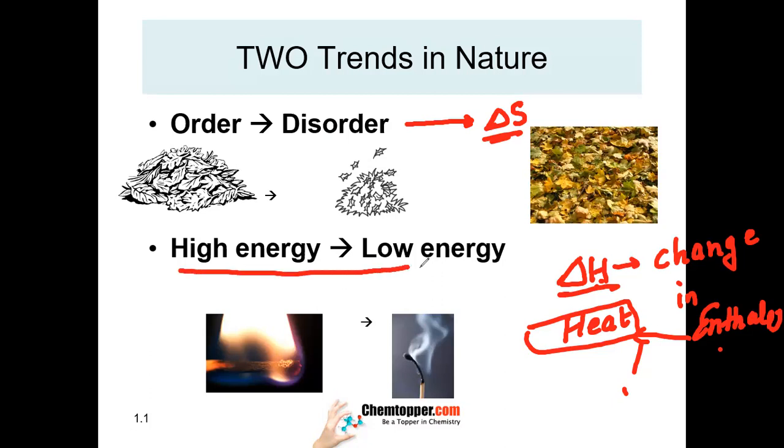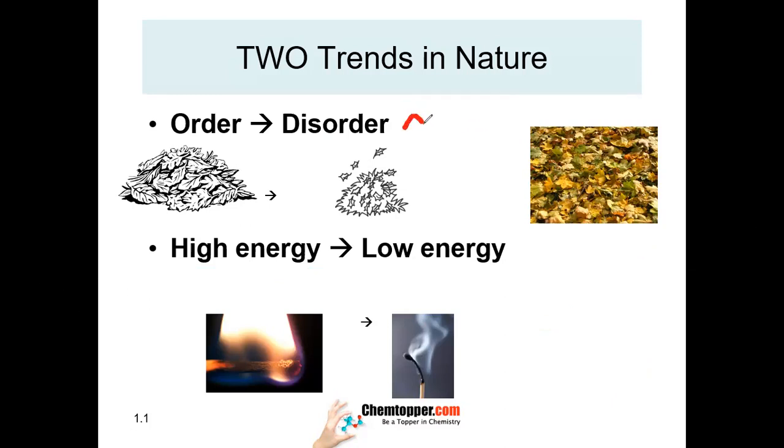High energy, low energy, that is delta H. So what does nature want? Nature wants delta S, also called entropy, to be high, a positive value. More randomness, more is the stability.